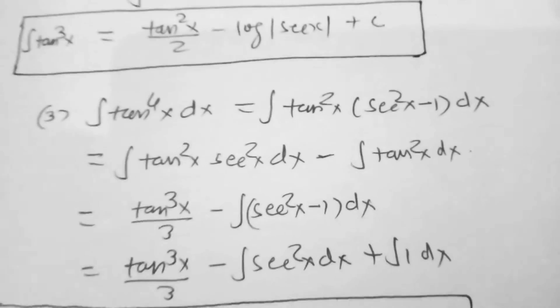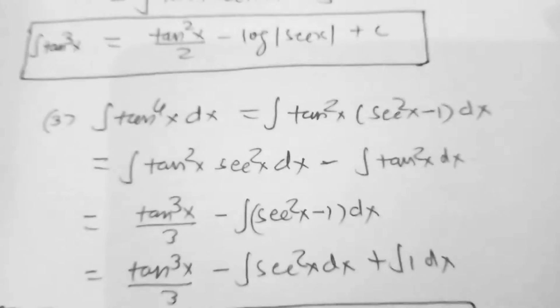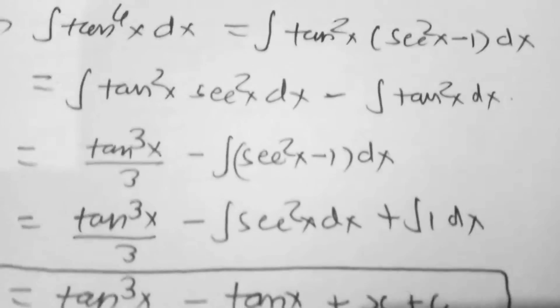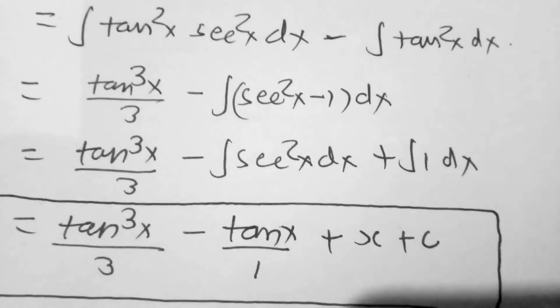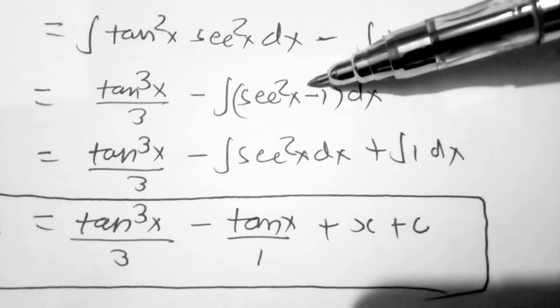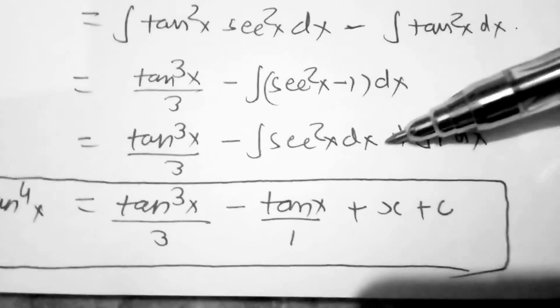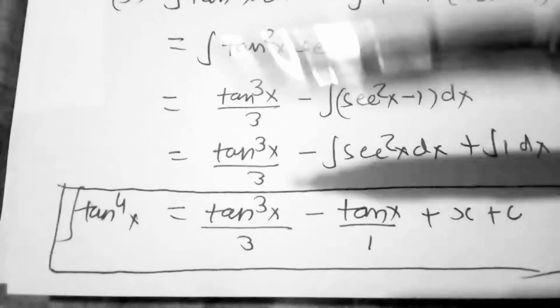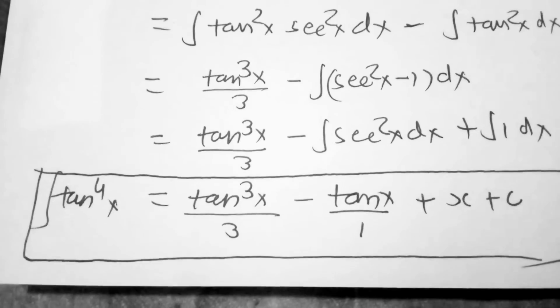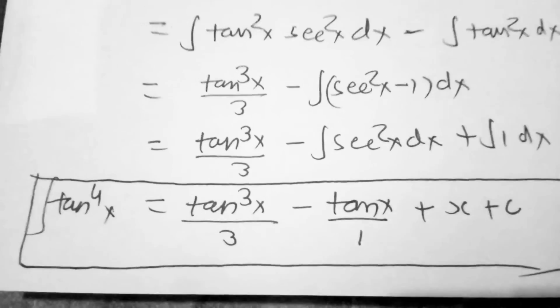Then tan square x again replaced by sec square x minus 1, okay, here. So for sec square x, the integration we know is tan x, and for 1 dx the integration is x. Okay, mind it, here minus is there, right? This minus and this minus will become plus, mind it. So finally you can see the answer and the question. Integration of tan to the power 4x, 1 power come, so 1 power less, so that is tan cube x divided by 3, then minus tan x.